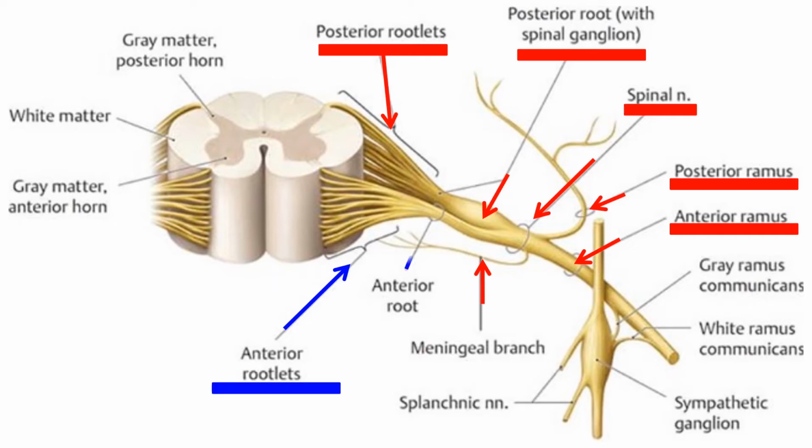Then we have the motor anterior part, usually starts as rootlets, the same way the dorsal part ends as rootlets entering the spinal cord. Here it starts as rootlets and then as a root and joins the spinal nerve to go to the skeletal muscles and other effector organs.